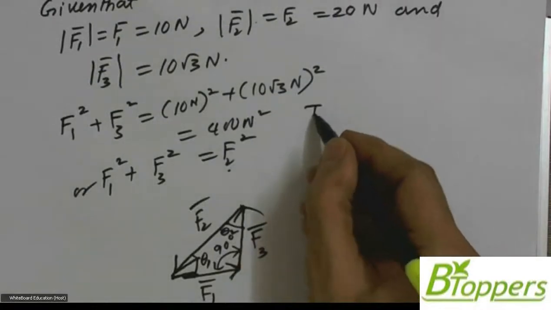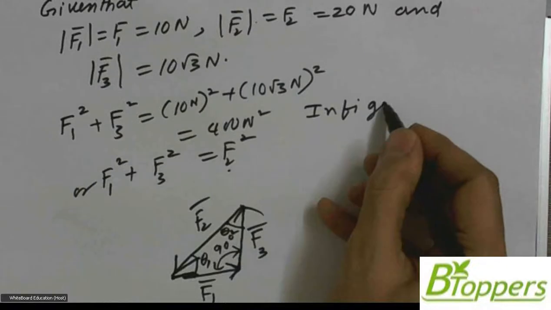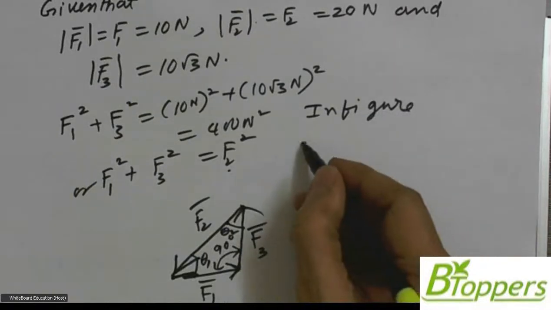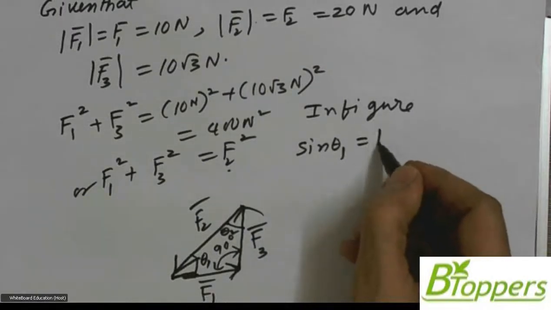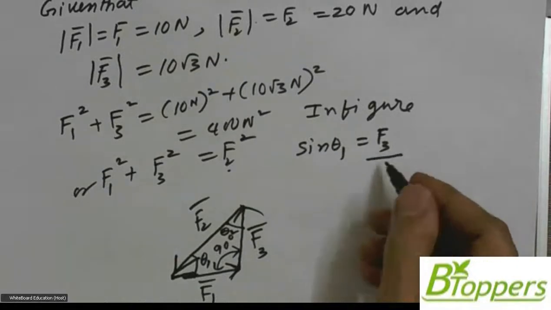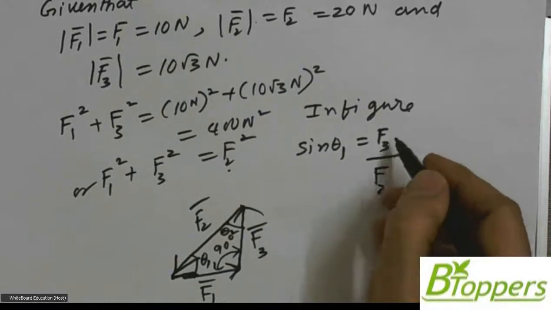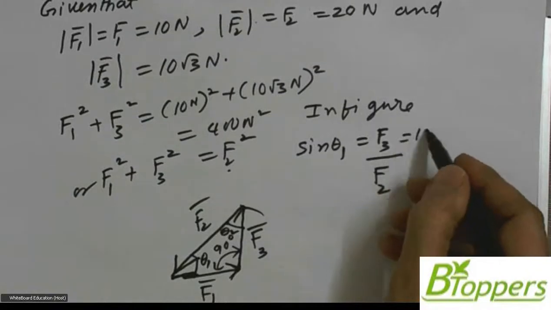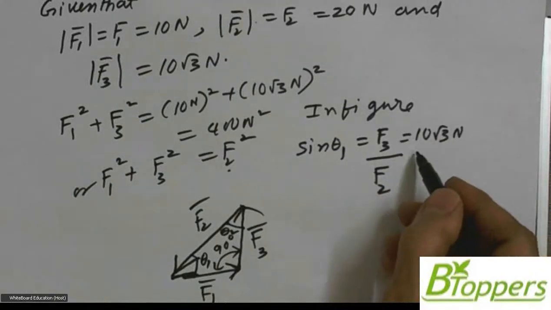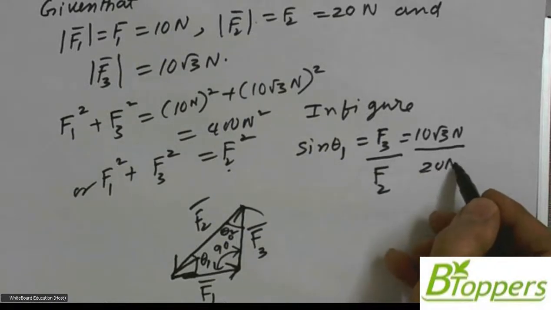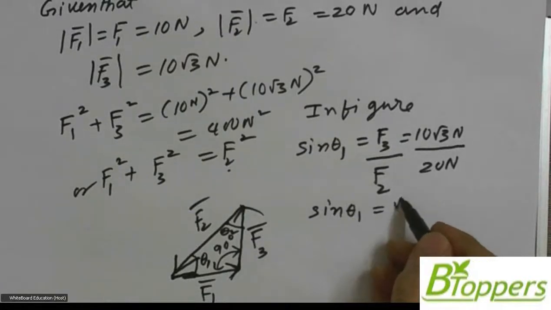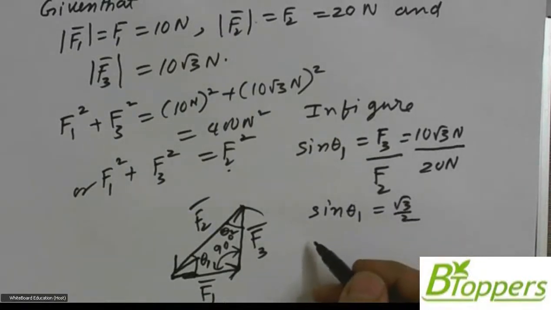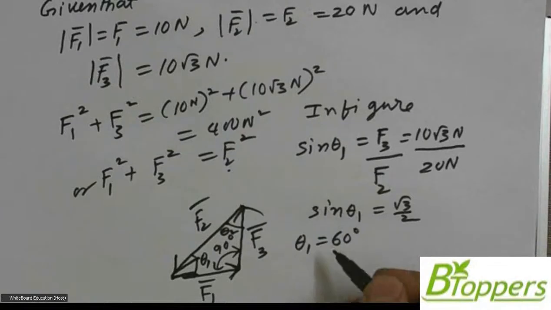So from the figure, you can observe that sine theta 1 equals mod of F3 bar divided by mod of F2 bar, which you can write as mod of F3 bar is 10 root 3 Newton, mod of F2 bar is 20 Newton. That means sine theta 1 you get root 3 by 2. Therefore, theta 1 you get 60 degrees.